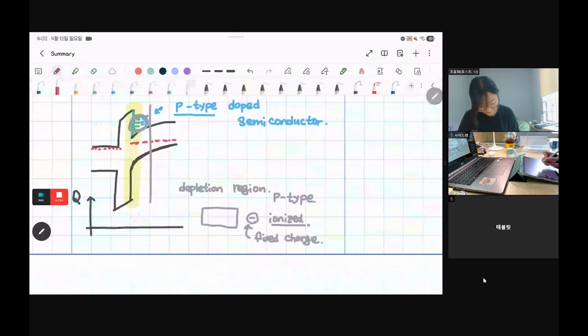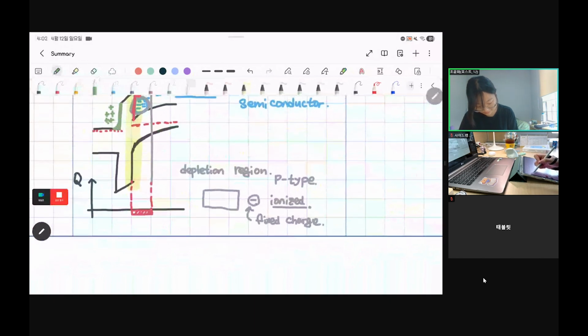we can draw like this. And the surface has a minus electron in here. So as a result, the other side of this part gained a little bit of plus charge.